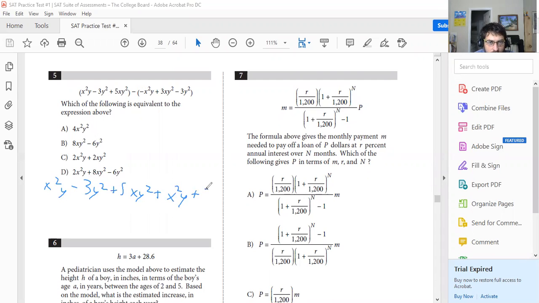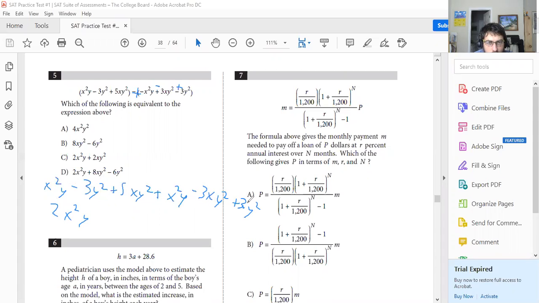X squared y plus x squared y will be 2x squared y.